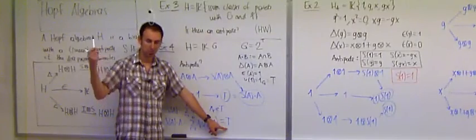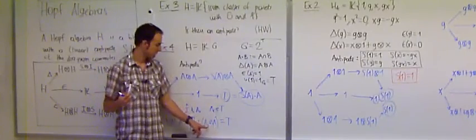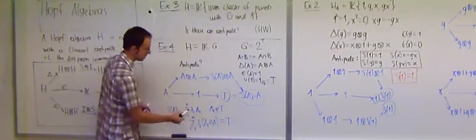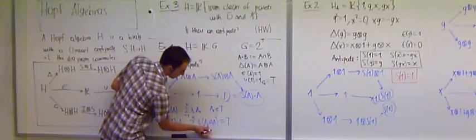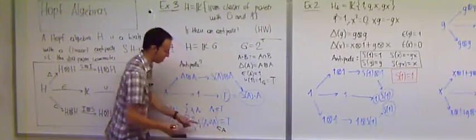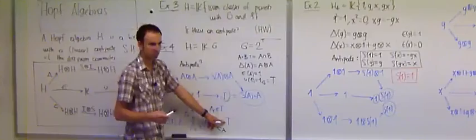T is the whole set. A is a subset of it. When you intersect with something, it's going to give you a subset of A. So you're not going to be able to get a T if A is a proper subset of T.